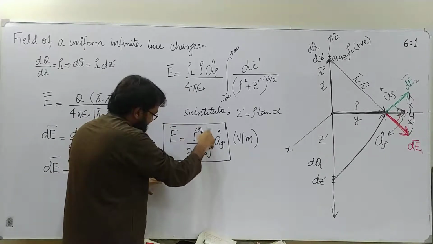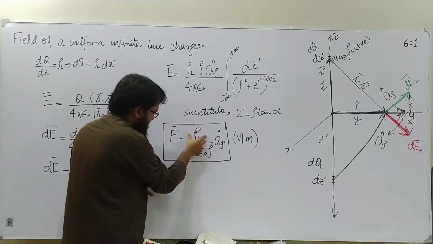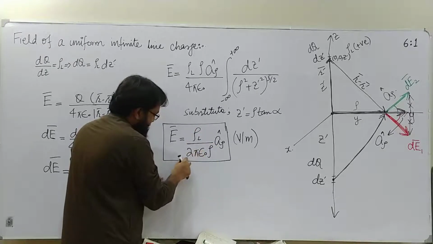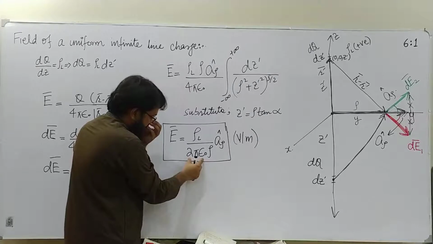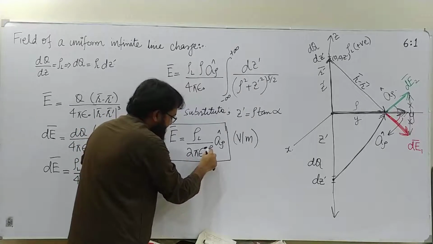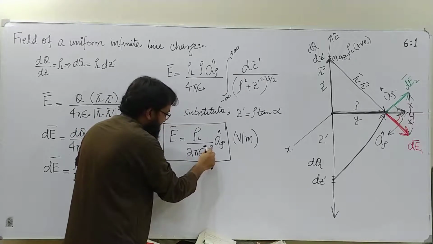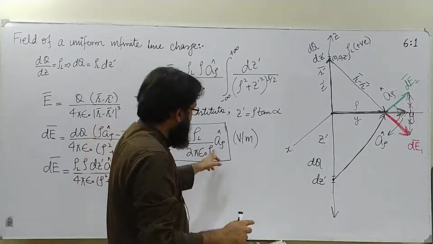Just at the numerator put the charge density divided by 2 pi epsilon naught, this is constant, and by rho, the perpendicular distance between the field point and the line charge.